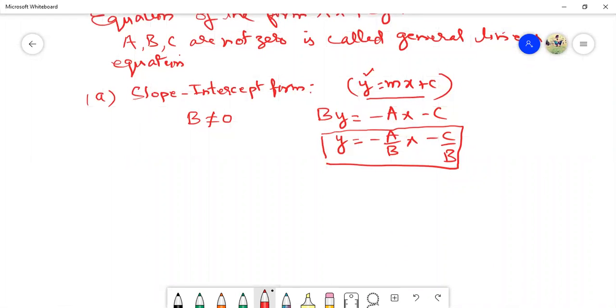So the slope intercept form of the line whose slope is m = -a/b, and the y-intercept is called small c. So here the y-intercept will be equal to -C/b.